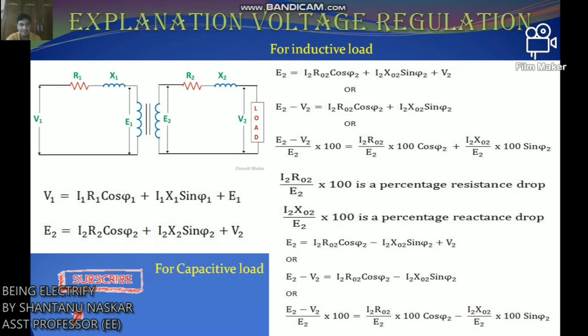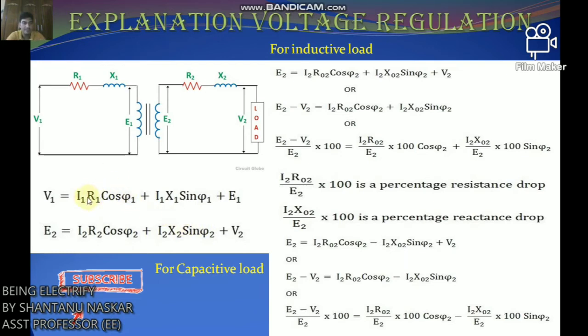Now by considering the circuit diagram, the following equations are drawn: V1 equals I1 R1 cos phi 1 plus I1 X1 sin phi 1 plus E1, and E2 equals I2 R2 cos phi 2 plus I2 X2 sin phi 2 plus V2.